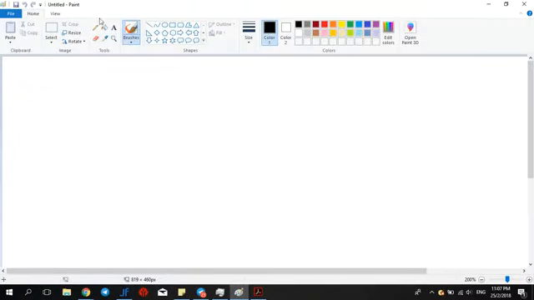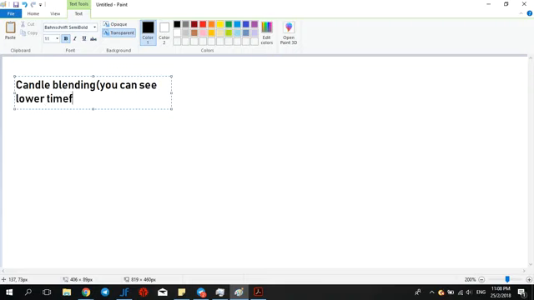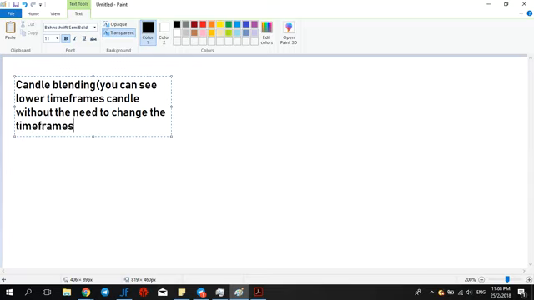Before this, I talked about candle blending. So candle blending also means you can see the lower time frame candle without the need to change the time frame itself.